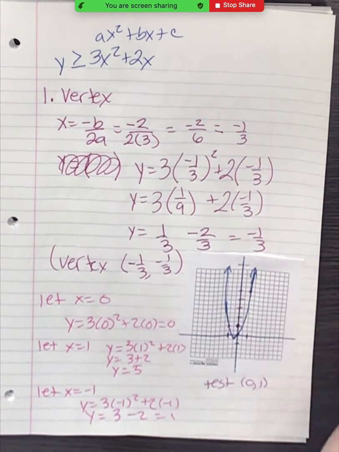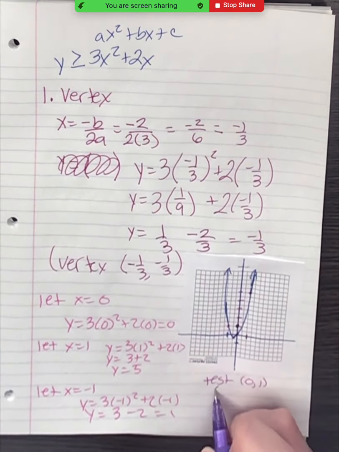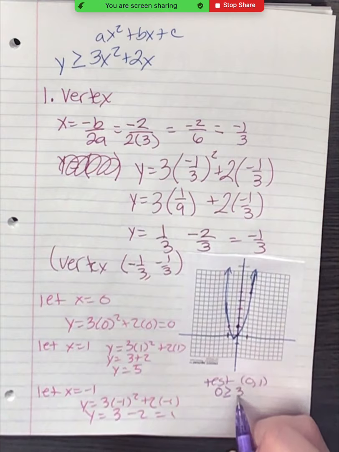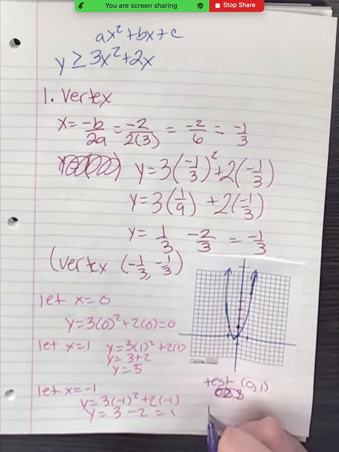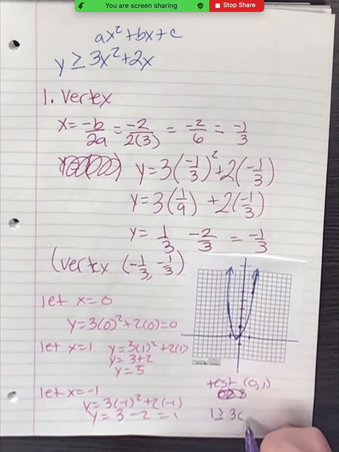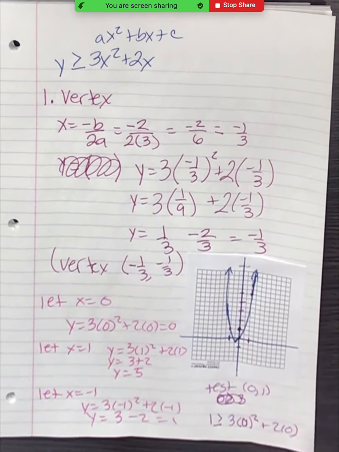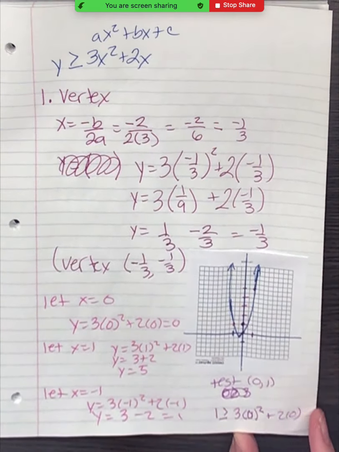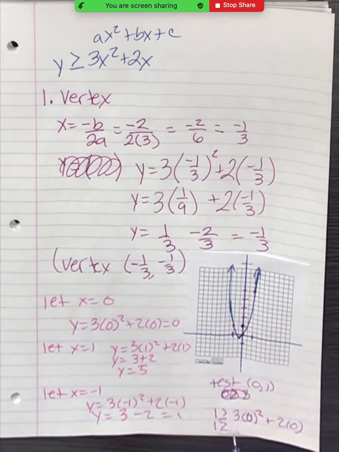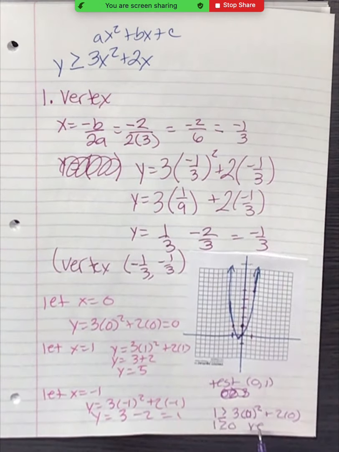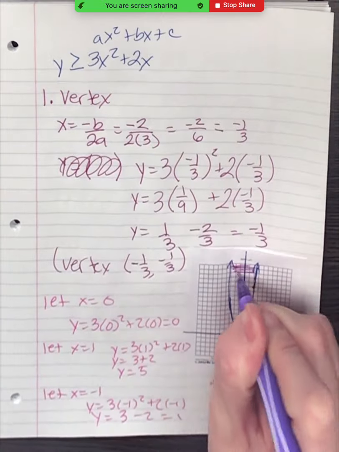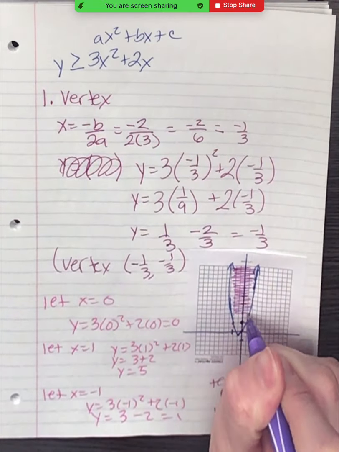Then is 0 greater than or equal to... no. y is 1. So is 1 greater than or equal to 3 times 0 squared plus 2 times 0? So is 1 greater than or equal to 0? And it is. So you're going to shade to cover that point. So you're going to shade inside this parabola.